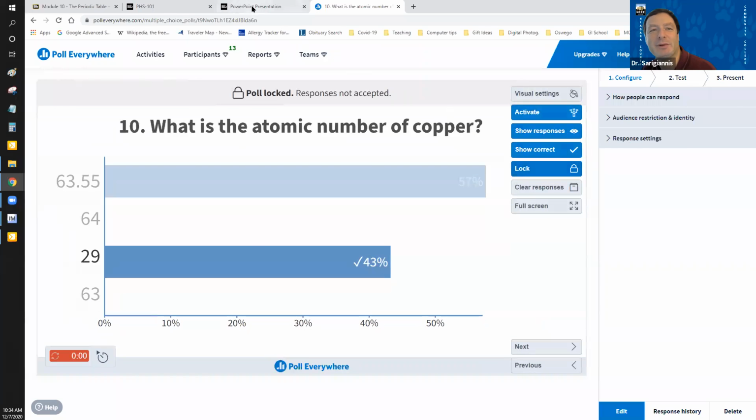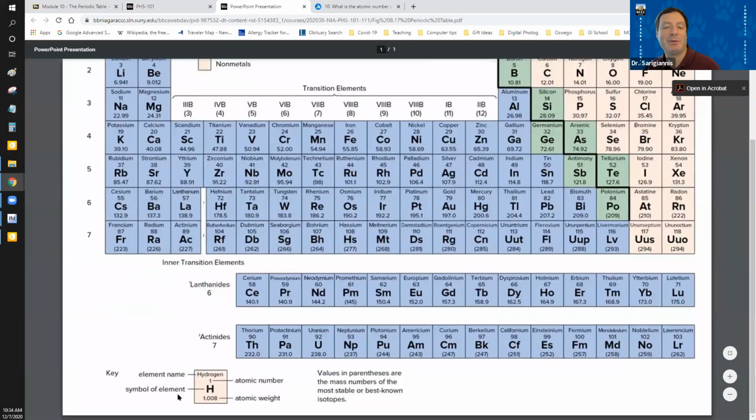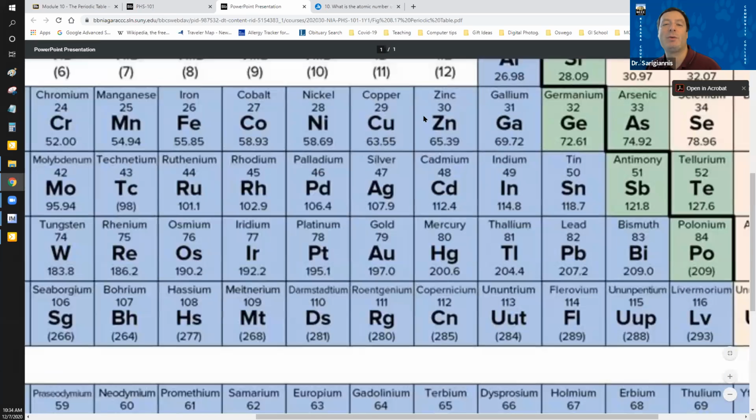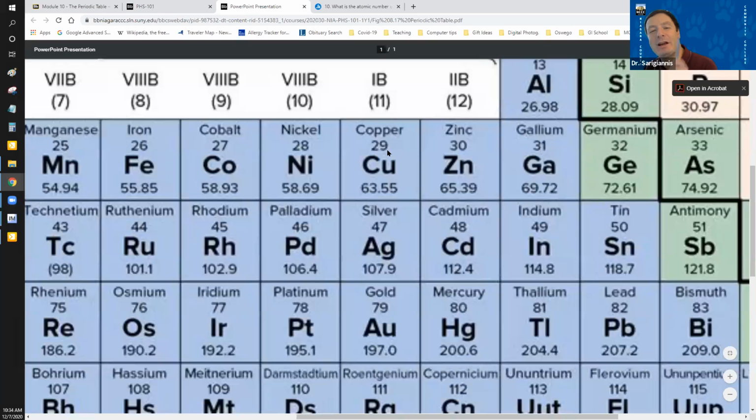If you scroll out here on the periodic table, the atomic number is the top number. The atomic weight is the bottom number. Atomic number is always a whole number because the atomic number tells you the number of protons for that atom. You can't have half a proton.